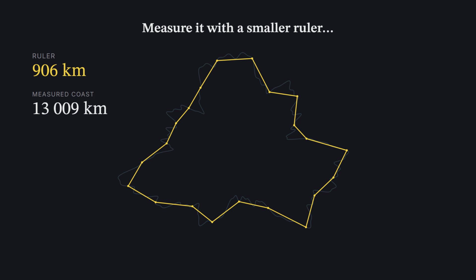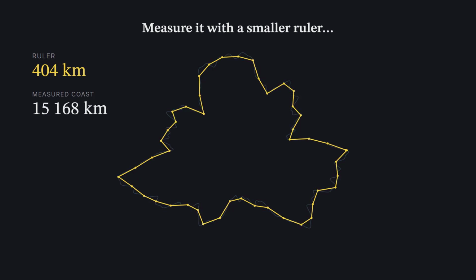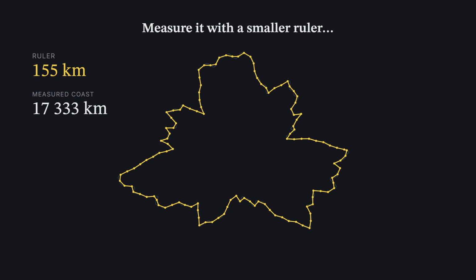So you try again with a shorter ruler, say 10 kilometers. Now you can follow the larger curves you skipped before, dipping into the big bays, and your total length goes up. So you shrink the ruler again, down to 1 kilometer. Now you trace around little headlands and coves the 10-kilometer ruler ignored. The length goes up again.